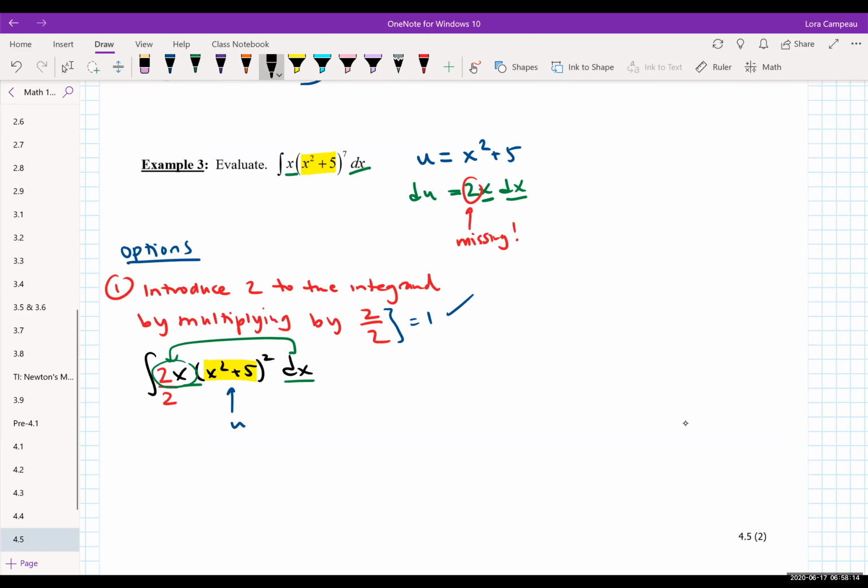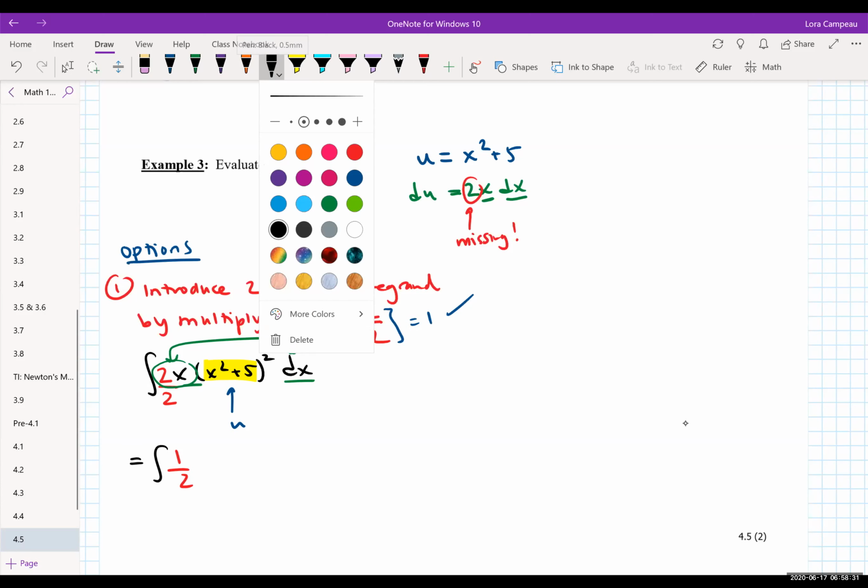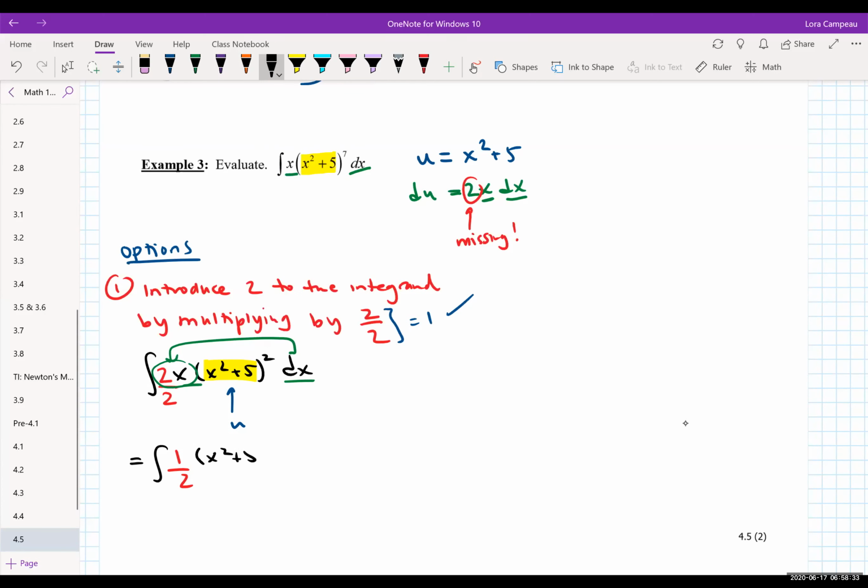So when we rewrite this a little nicer, keep in mind that the 2 is still hanging out in the denominator. I'll rewrite it so that we can see this a little clearer. When you first start off, it's not a bad idea. It makes sure that you see everything there. So we have this 2x dx. Again, one more time, we have the u and the du.